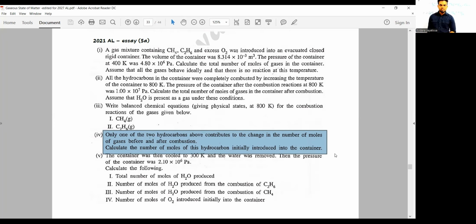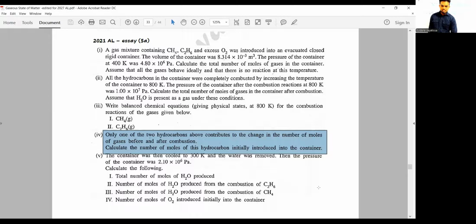It says only one gas contributes to that change, meaning only one gas contributes to increasing the number of moles. When we read that statement, we get the idea that we must check the stoichiometries and find which gas increases moles, because the other gas is not changing the total moles at all.